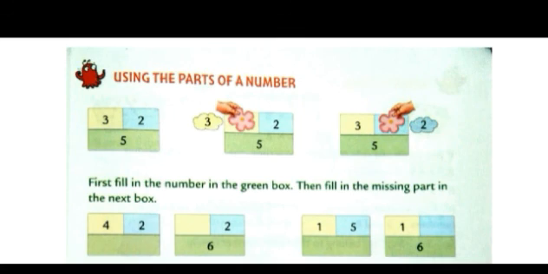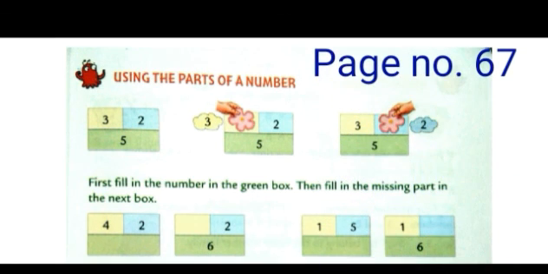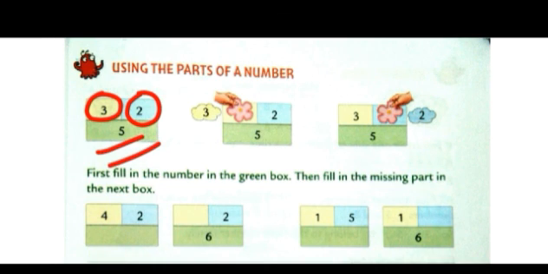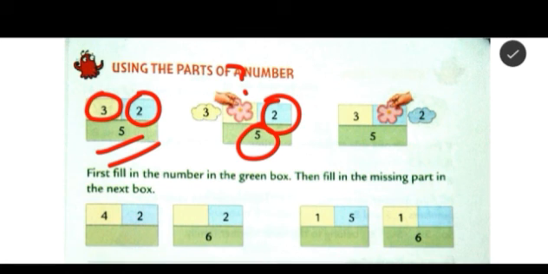Now scholars, we move on to our next topic, using the parts of a number on page number 67. First see this example given here. 3 plus 2 will give 5. Suppose 5 is given, 2 is given, and they are asking what will come in this box; we have to fill in the missing box.